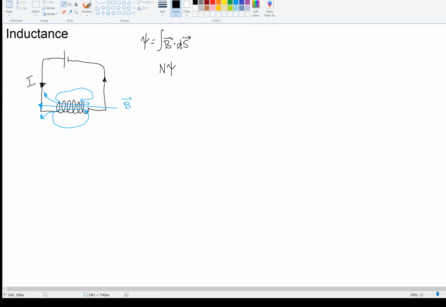We would take N times that. This is so common for a solenoid with loops of current that we give that quantity its own name. We call that the flux linkage, and we're going to use lambda to represent it.